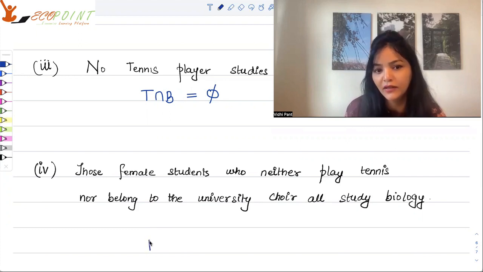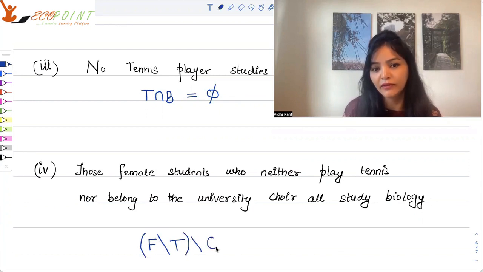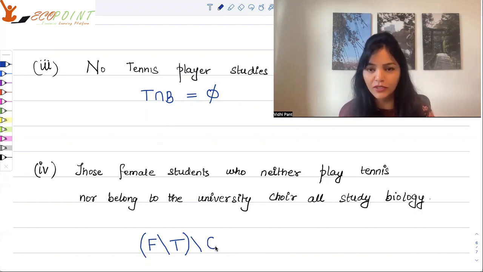That means all the female students, F stands for that, who are not playing tennis. So exclude the tennis players from that set, and you also have to exclude the choir. If you take F, exclude tennis players, you have female students who are not playing tennis.